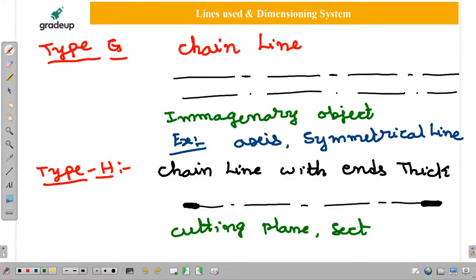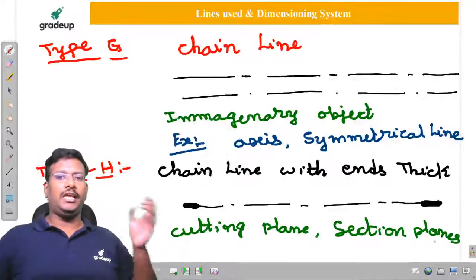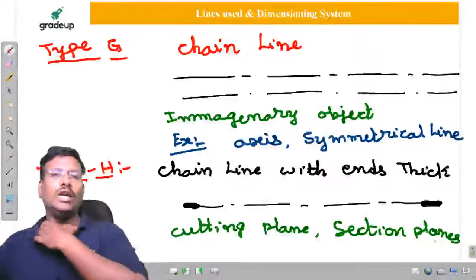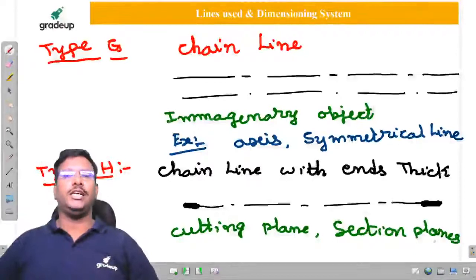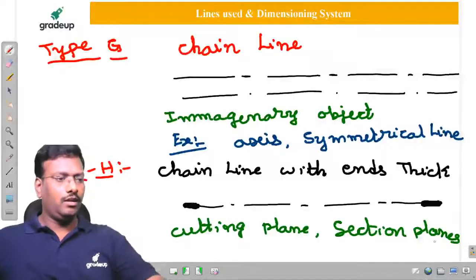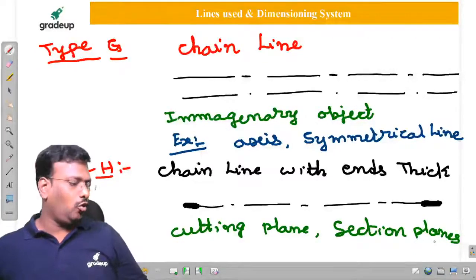I hope you have already come across this in section of solids. Section planes. Sir, what is the difference between a broken object and a section plane, sir? Can anyone give what is the difference between a broken object and a section plane? Try to give, my dear friends.